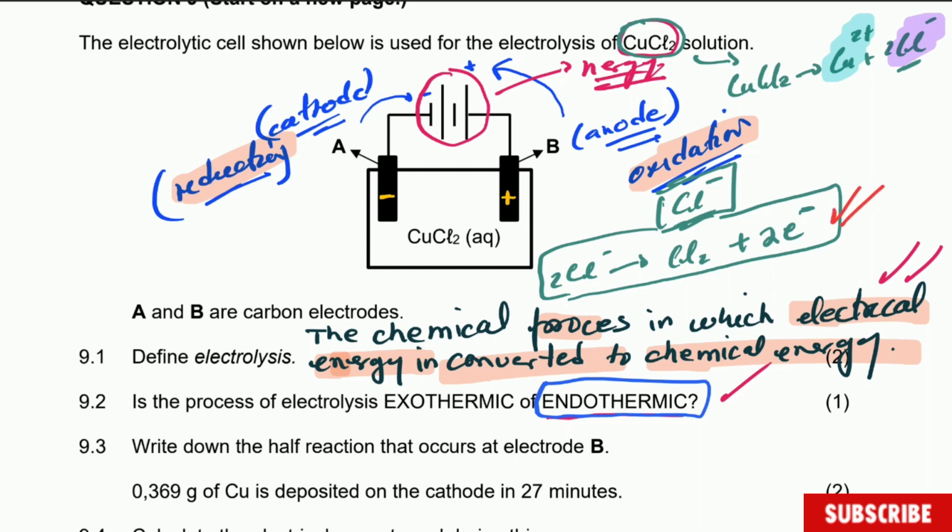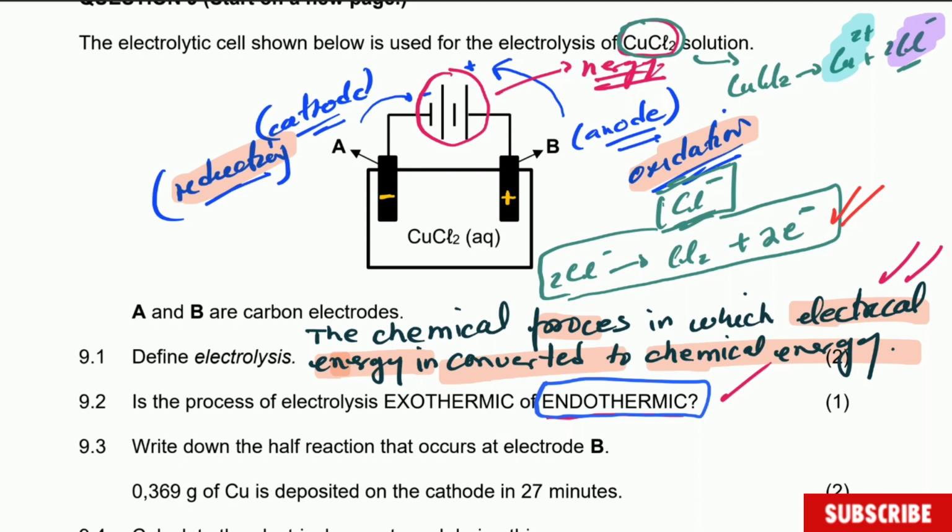Now, for the reduction, let's write down the half reaction for the reduction half cell, or let's say for the cathode. That one is for copper, Cu2 plus, which is copper 2. So in this case, what are we going to write?